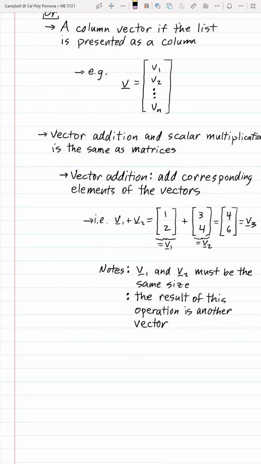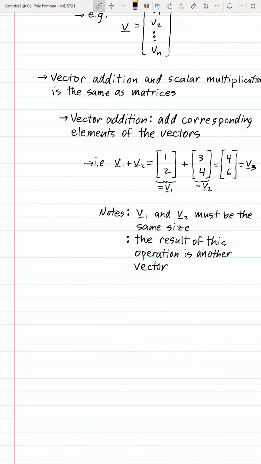And of course, you can see from the definition that there would be no other entity that could be formed by that kind of operation by definition. But nonetheless, it's good to note, yeah, we add two vectors together, we're going to get another vector.